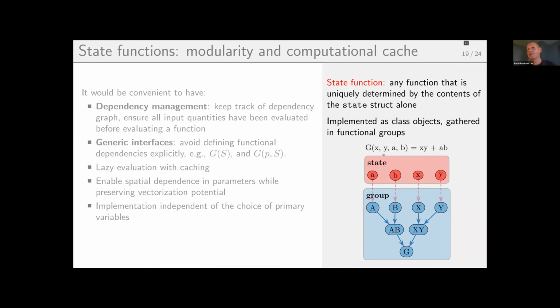So if you have, for instance, a state that contains 4 variables, a, b, x, and y, and you want to multiply x by y and then a by b and add the contents, this will be executed through state functions that do these operations. You will have one that extracts the data, one that multiplies 2 different data, and one that adds data and so on.